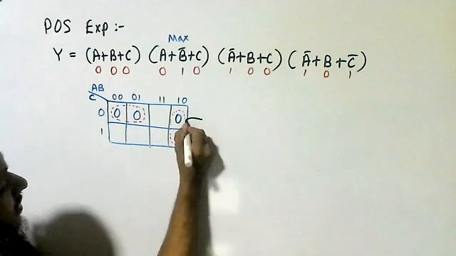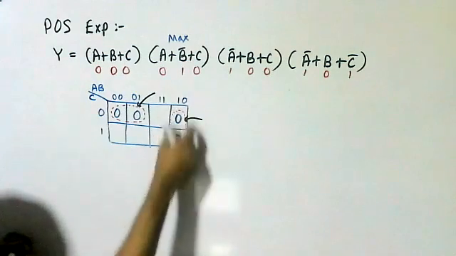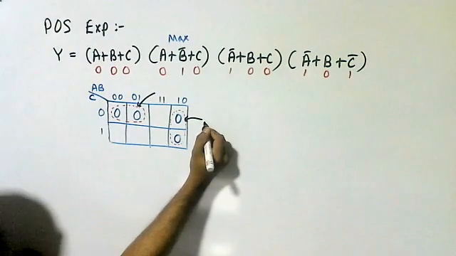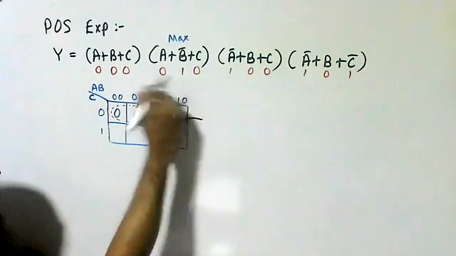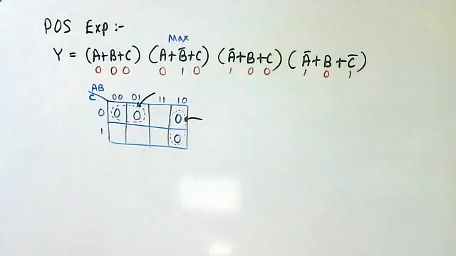So you know the method. Yes, Ilma, what is the expression here? We have to take the unchangeable variables. If a variable is changing, we have to skip it as earlier, same as in a SOP expression.